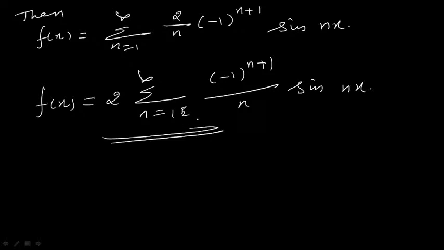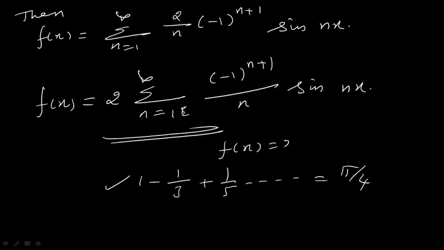So next, we are going to deduce a series of the form 1 minus 1 by 3 plus 1 by 5 minus etc., that is equal to pi by 4. So we are going to deduce this series. You know already what the given function is. Given function is f of x equal to x in an open interval minus pi comma pi.